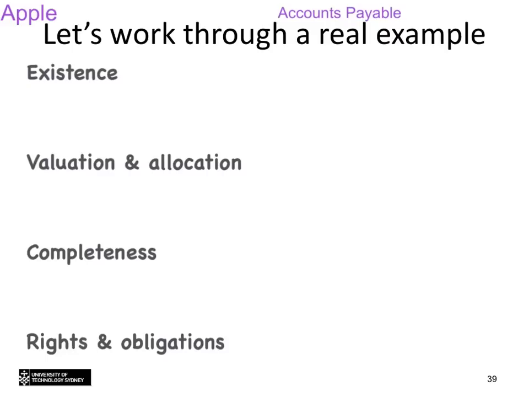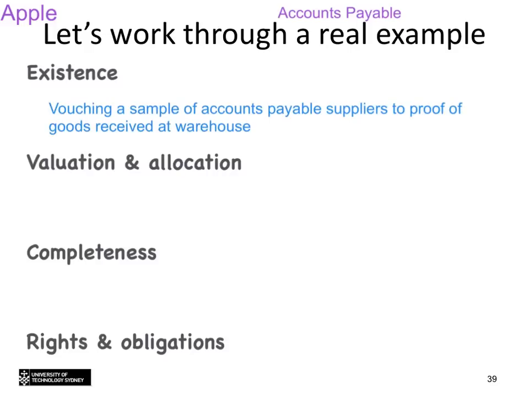So I need to prove for the first one that my accounts payable really does exist, so that I really do owe suppliers money. All right, so there's a couple of different options. I could send a confirmation request to a supplier. They're never going to reply. All right, I've given myself a hard task here.